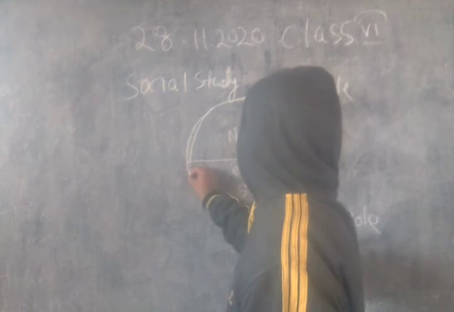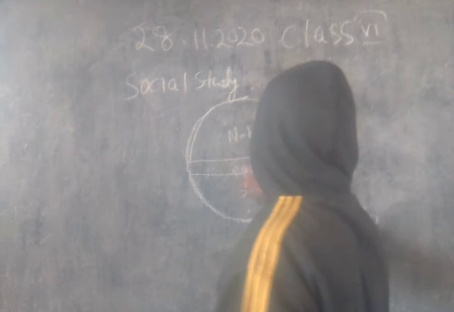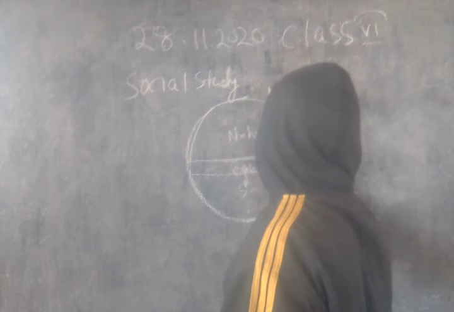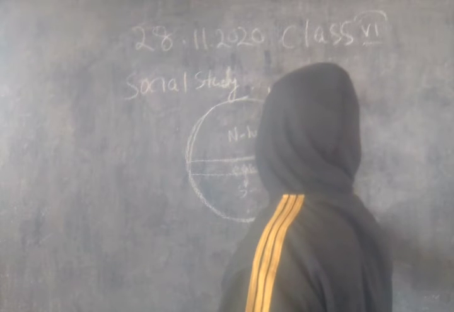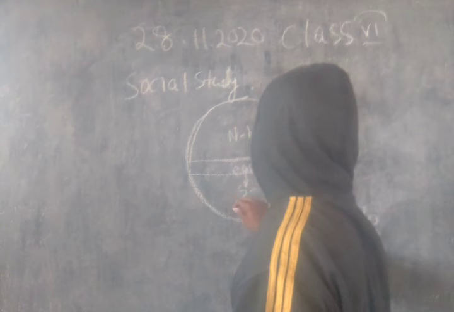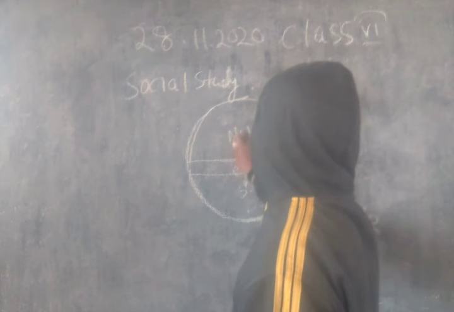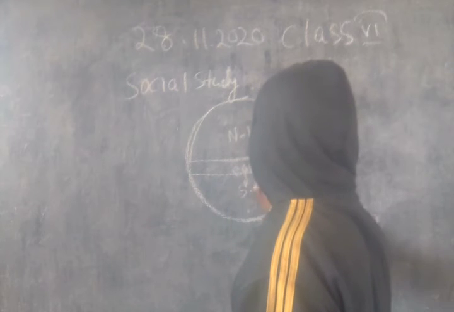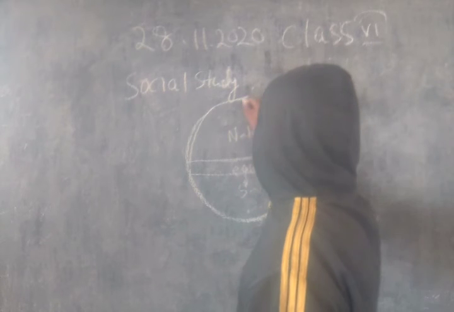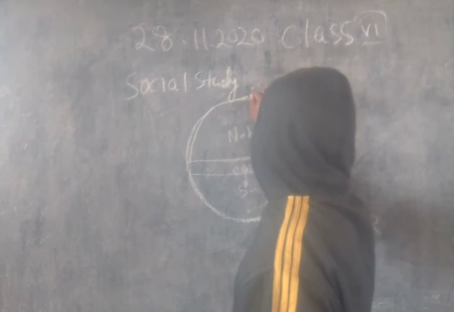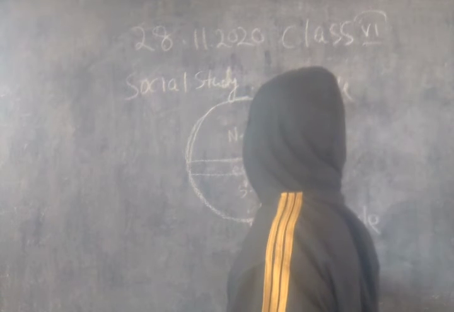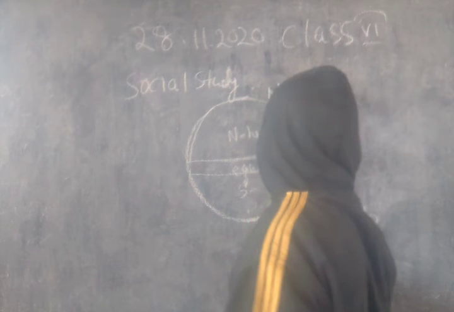And this is the imaginary line. The equator is the imaginary line which divides the globe into two parts. The upper part is called the northern hemisphere and the lower part is called the southern hemisphere. The uppermost part is the North Pole and the lowermost part is the South Pole.